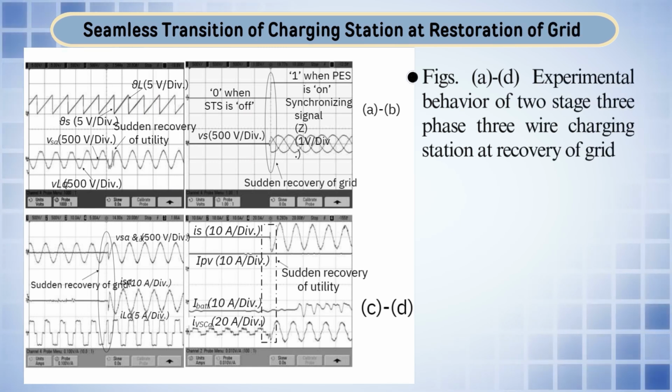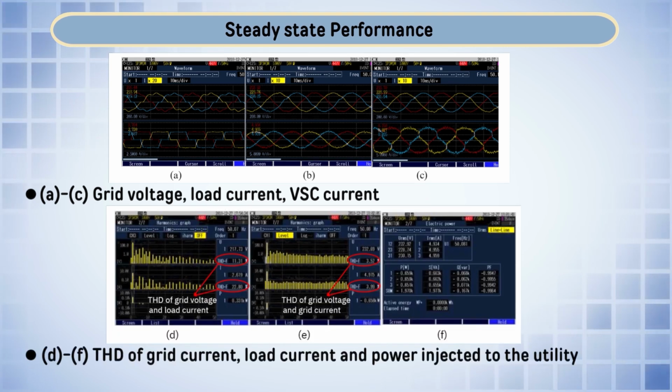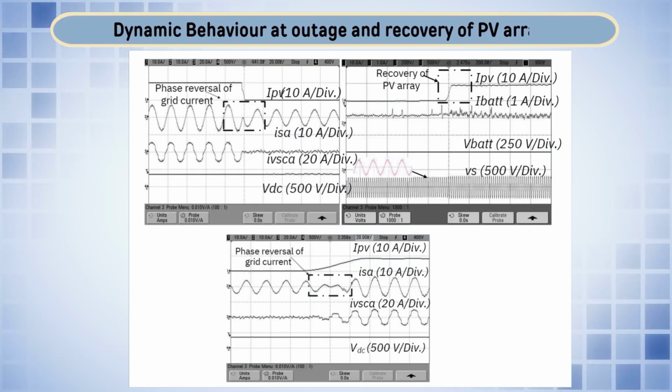The total harmonic distortion from the grid side, grid current THD and grid voltage THD, both are maintained within IEEE 519. And in the last figure it is shown the injected power to the grid.